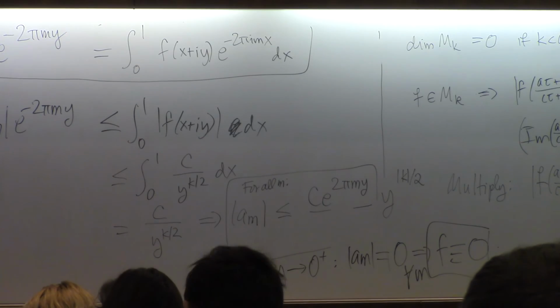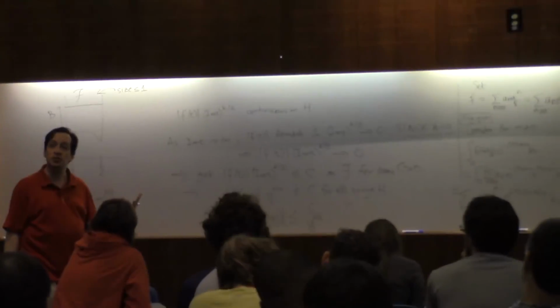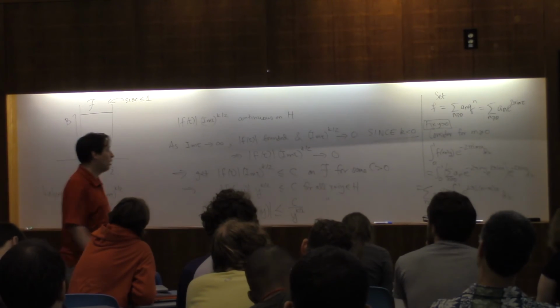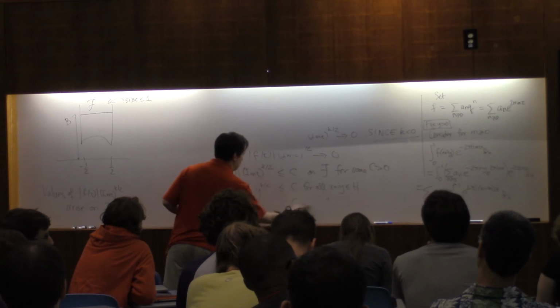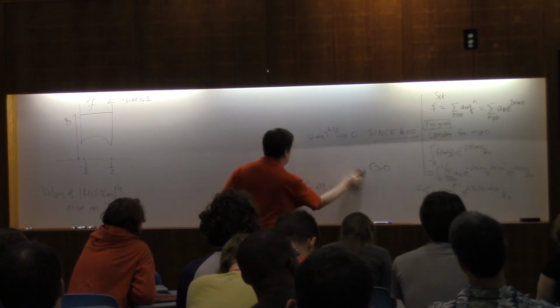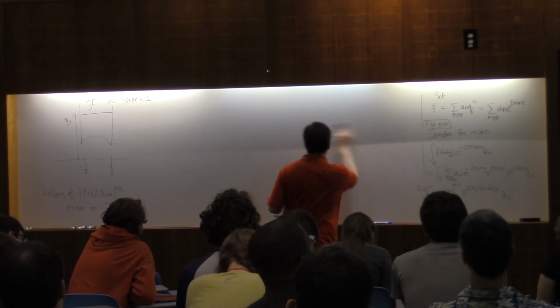And so let me just show you an example of how we can use this to get dimensions of other spaces. So here's the key fact that we'll start with next time, and then finally finish this proof.